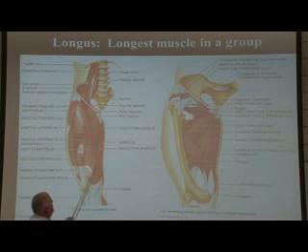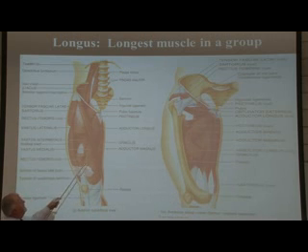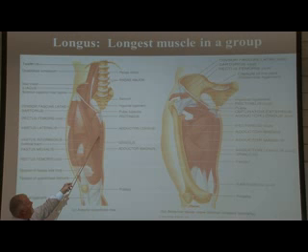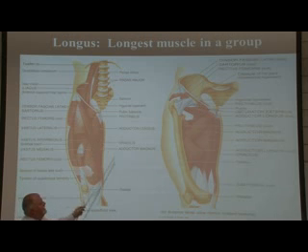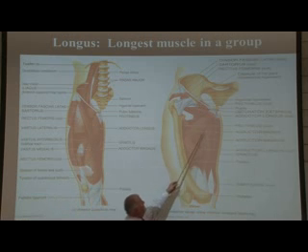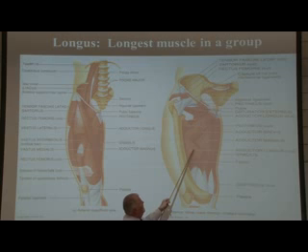And then if we look more superficially, then in our groin area we have a muscle called the adductor longus, because it's the longest muscle in the group. And then if we cut the adductor longus, which was being cut here, we have a muscle that's deep to it that's shorter, which is the adductor brevis.